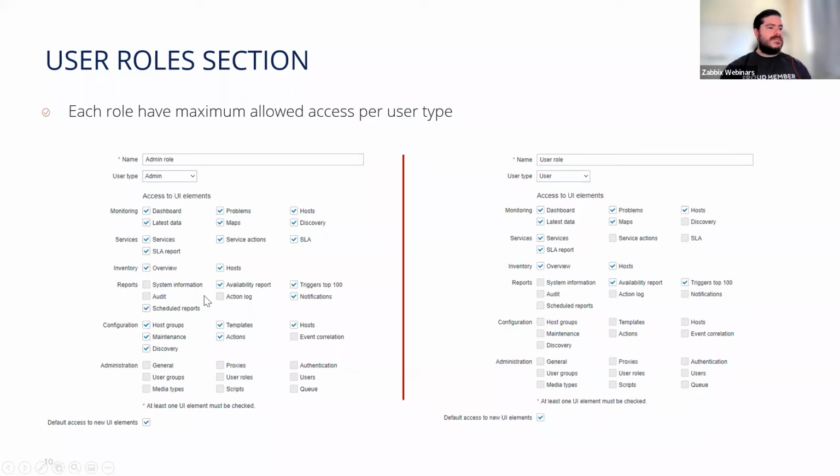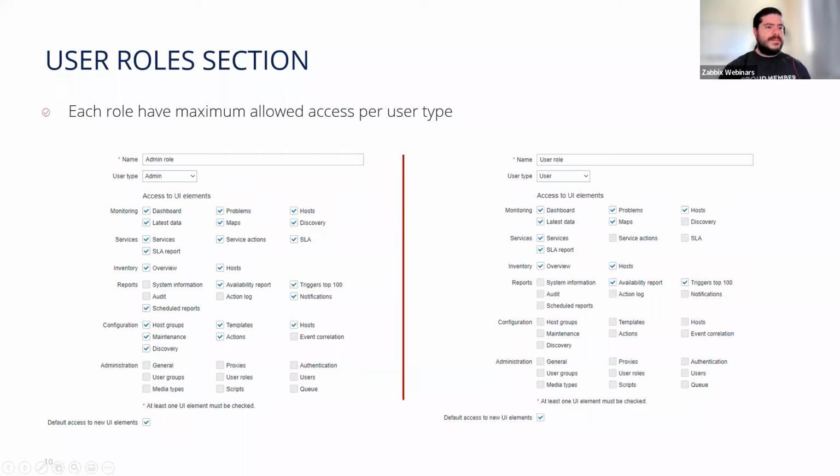You see here that we have some grayed out checkboxes for this one, and it's different from this one because the user type admin has more privileges, more access to UI elements, while the user doesn't need to have access to configuration or administration, and even in the report section, it doesn't have a lot of access to the UI elements there.